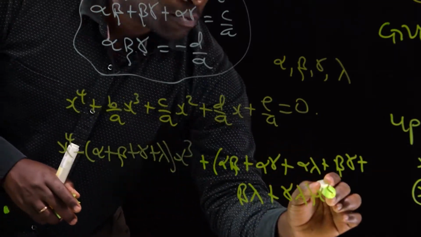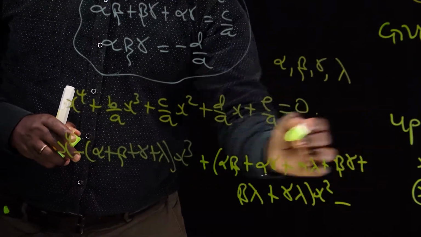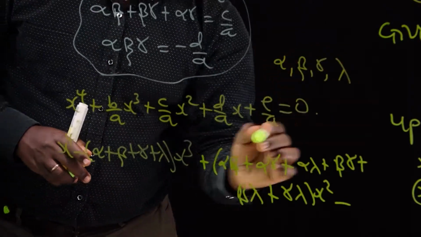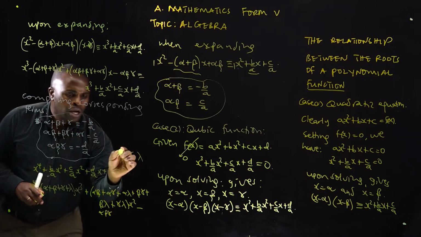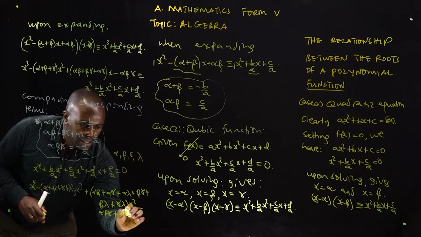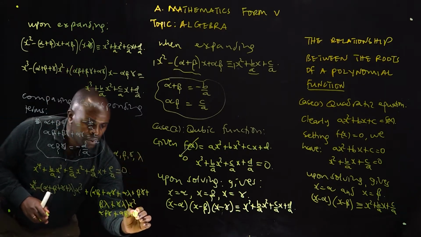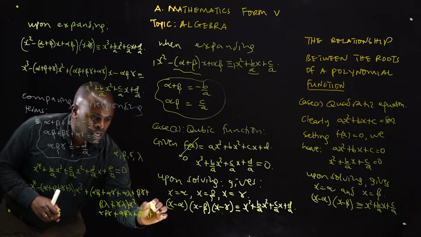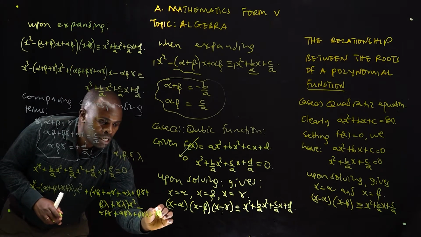And the next one could be minus. Subtracting on this, it could be taking 3 roots. So taking 3, it means it's taking alpha, beta, gamma, alpha, beta, lambda, and then we take beta, gamma plus beta, gamma, lambda, and then finally finishing with gamma, lambda, alpha.